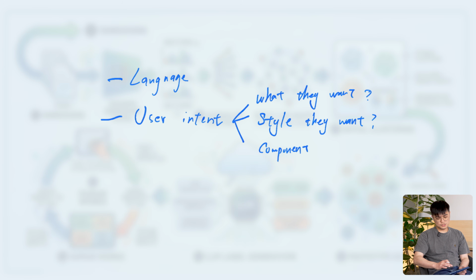Besides languages and user intents, there is also the use case they actually want. For example, an interesting use case is that they try to optimize existing HTML. They will copy the full HTML and say, I think this current HTML doesn't look good enough, fix it. Or, I think this current HTML lacks something and they are not satisfied.